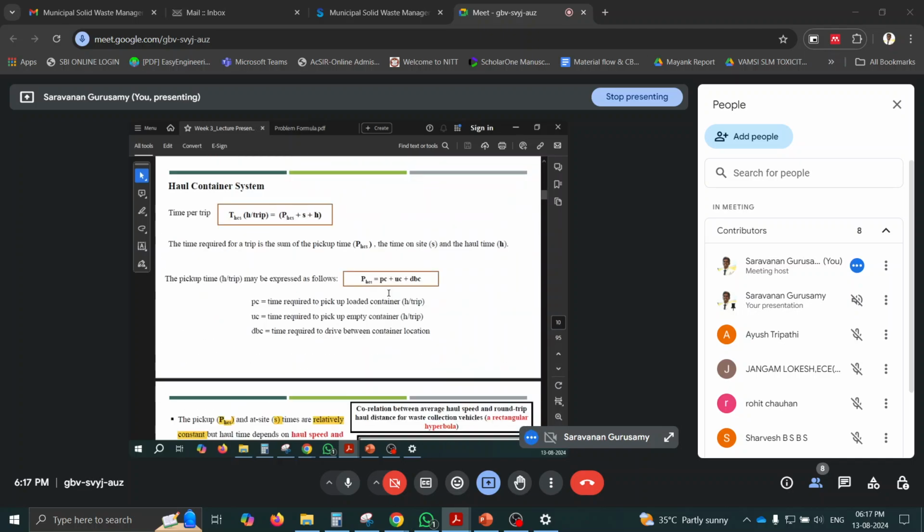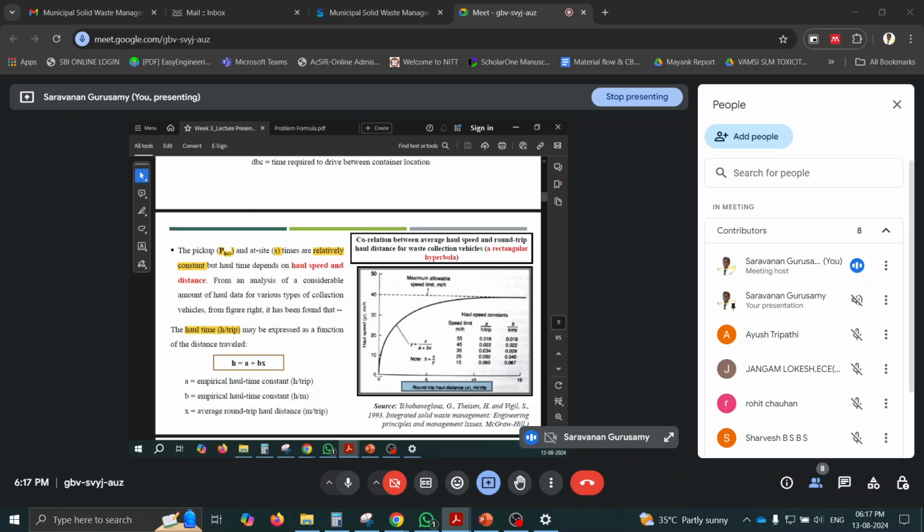That is already plotted, and generally it will be in the form of a rectangular hyperbola. If the distance is 0 miles, 5 miles, 10 miles, or 15 miles per trip, after 15 miles per trip it becomes a saturated straight line. The haul speed is on the y-axis, in miles per hour, and the distance is on the x-axis, so you get a rectangular hyperbola.